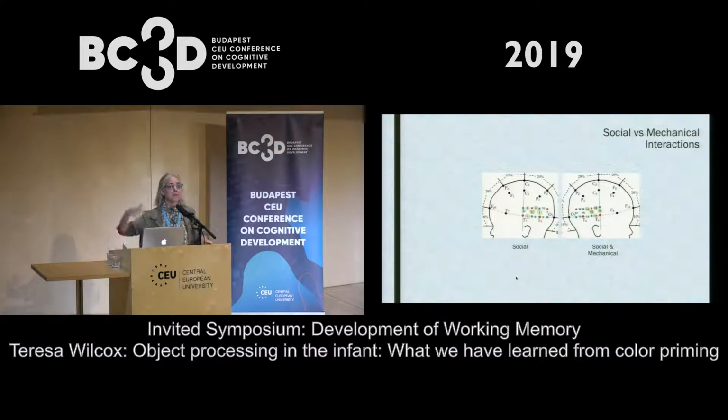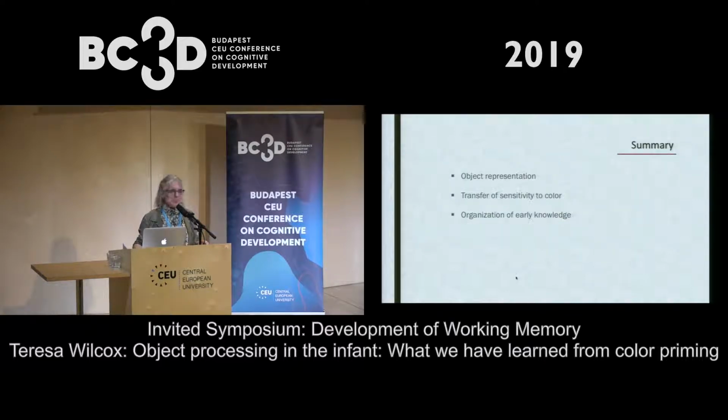In the right hemisphere, we get activation to both. We've done some follow-up studies with slightly older babies, between 10 and 15 months of age, and then we begin to get right hemisphere activation to social events that's lateralized. So that seems to be a shift in lateralization during the first year.